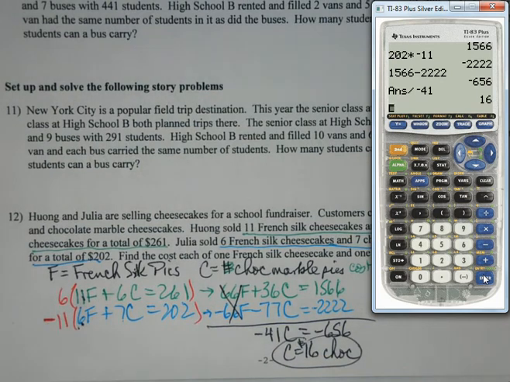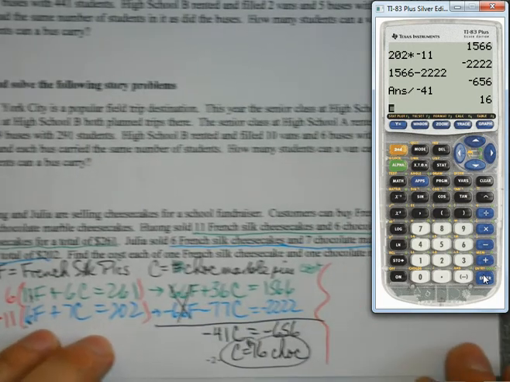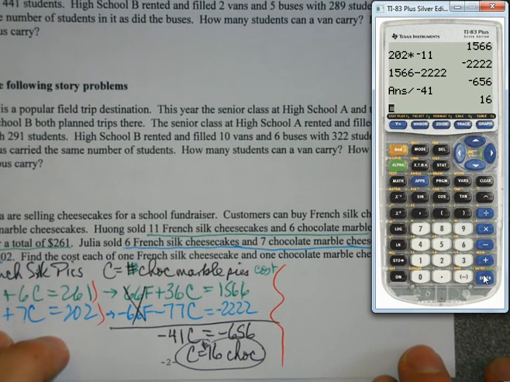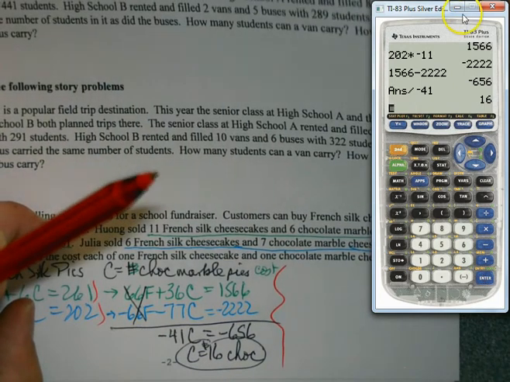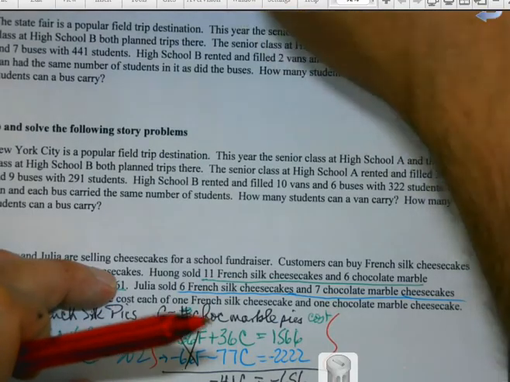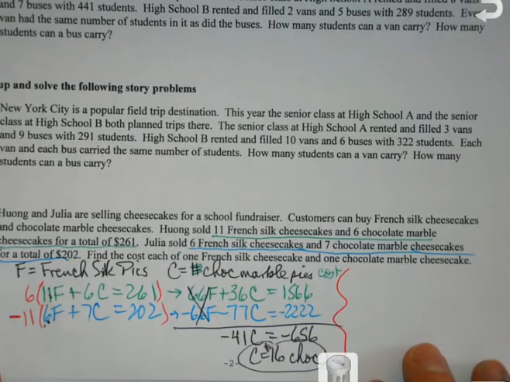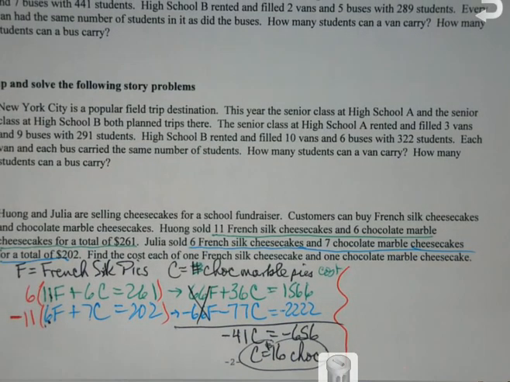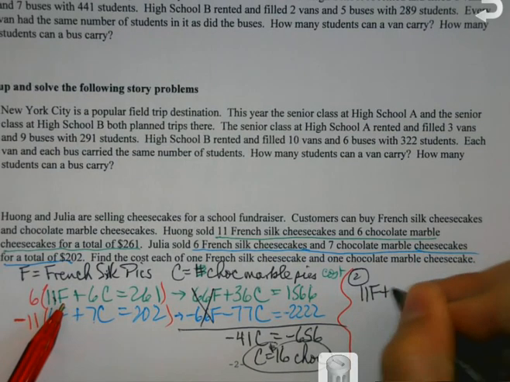Am I done? No. We know better than that. I know that I still need to go back. Pardon me for a second. Having some technical issues here. We still need to figure out the French silk. So I'm going to go back to either of my first equations. I'll just keep using the top one because for some reason I just like doing that. So 11F plus 6.